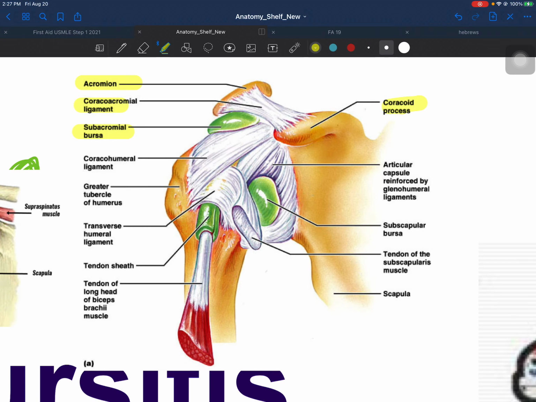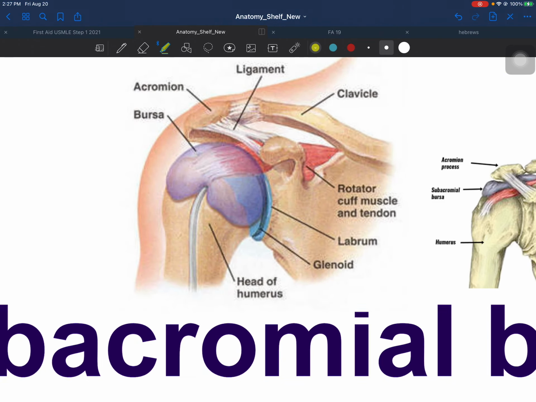And here is the subscapularis bursa. We can just look at it too. And then this is the tendon of the subscapularis muscle, and you see where the subscapularis muscle is, and that's it.